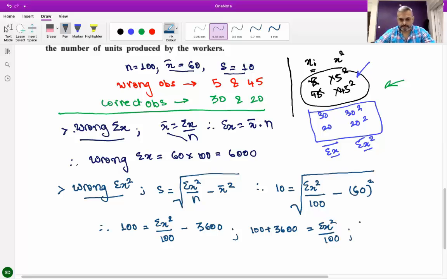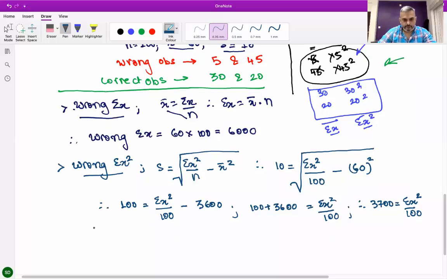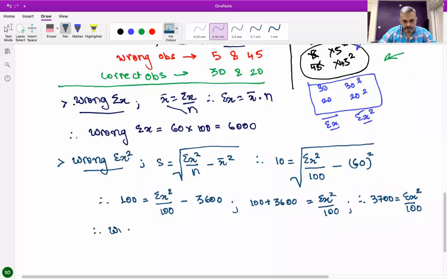Therefore, 3700 is equal to sigma x square upon 100. Therefore, wrong sigma x square is equal to 3700 into 100. So 3,70,000.